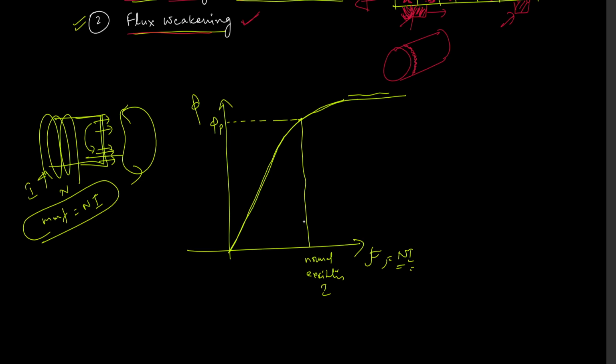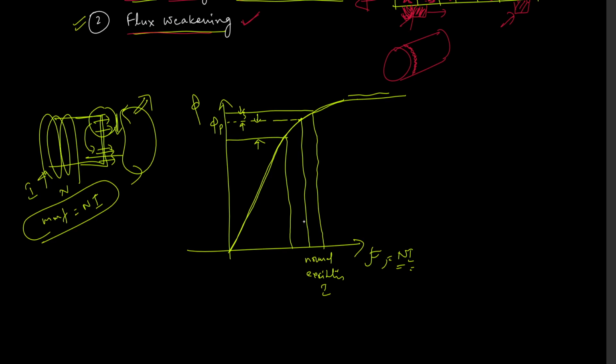Now what is happening? On this side, if I increase the ampere turns, there will be a small amount of increase in the flux. But with the decrease in the ampere turns, there will be a large decrease in the flux. That means on this side the flux is decreasing proportionally with the proportional increase in the armature flux.